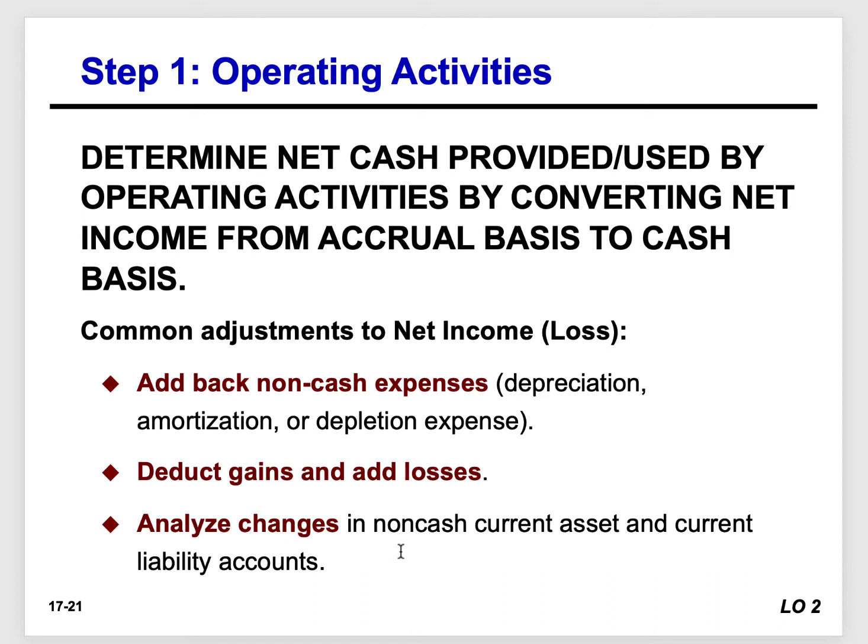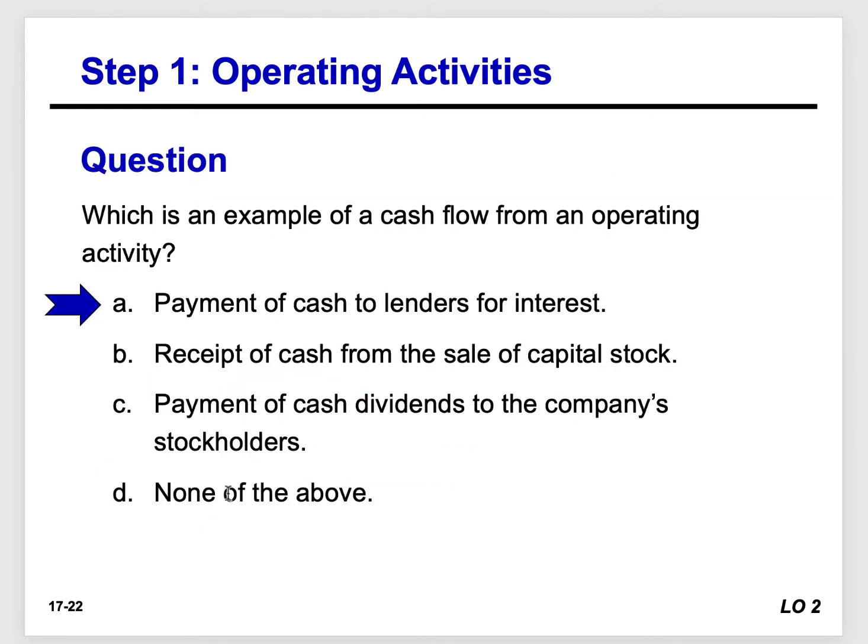So we do not analyze the cash account now. We're only analyzing non-cash current assets and current liabilities. So make sure you have that in your notes. And I'm even taking notes with you.